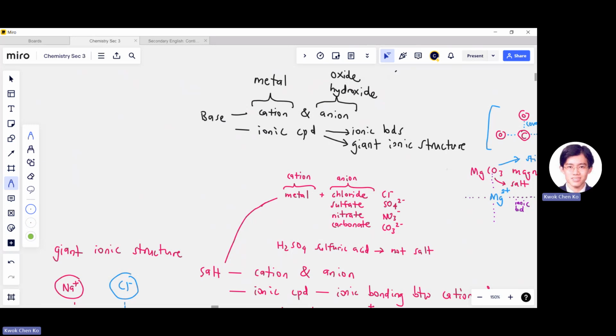Formula-wise, oxide is O. Sabrina, what's the charge for oxygen? Which group is it in? Group 16, right? So how many electrons can it gain?